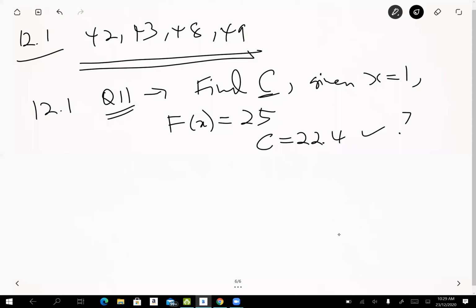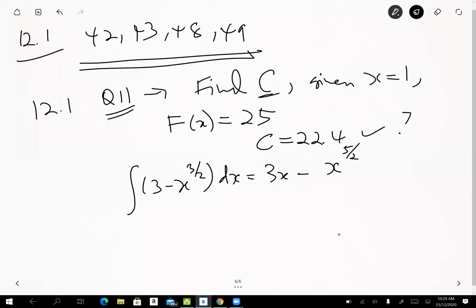Question number 11. Now if I integrate the function, I have the integral of 3 minus x to the power of 3 over 2 dx. Now what do I get? I get 3x minus x to the power of 3 over 2 plus 1. So that becomes 3 over 2 plus 1, 5 over 2. Is that right?